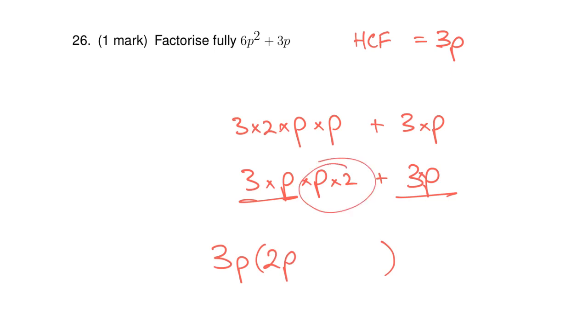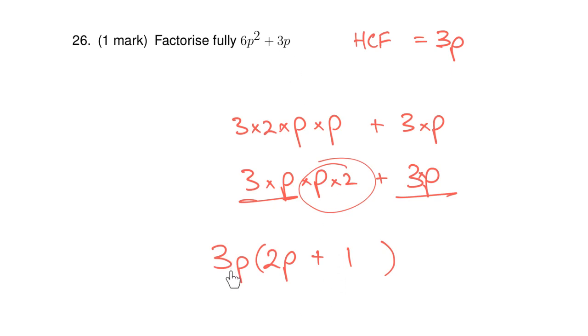Because if I multiply 3p by 2p, I get 6p squared, which is this piece. What do I multiply 3p by to get 3p? Well, the only bit that's left is 1 here, okay? Because 3p times 1 gives me 3p.